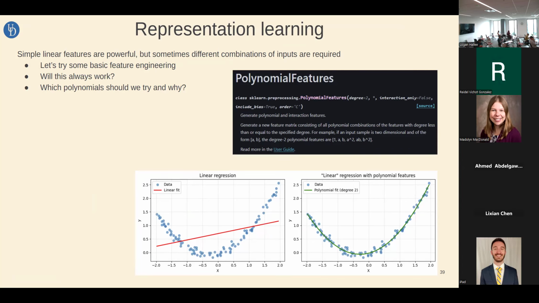So again, simple linear features are powerful. Sometimes you need nonlinear features. I sort of already touched on this, but by projecting up and having activation functions, we can move away from linear features and have the model do feature engineering for us. Basically, do weird combinations of our input values.